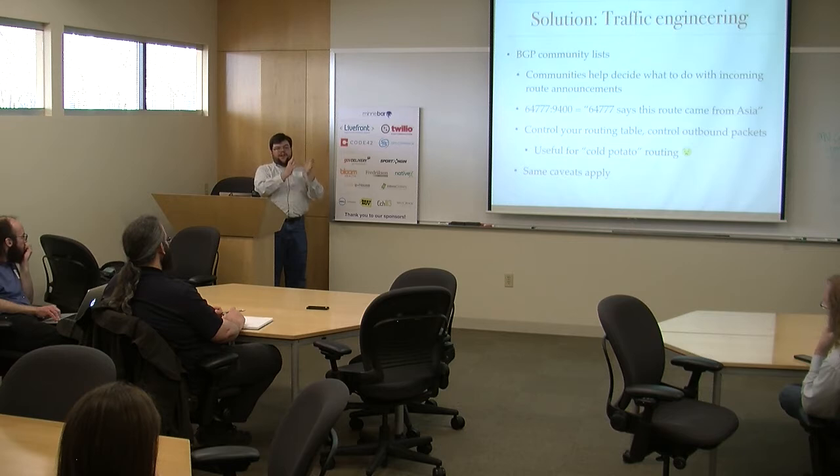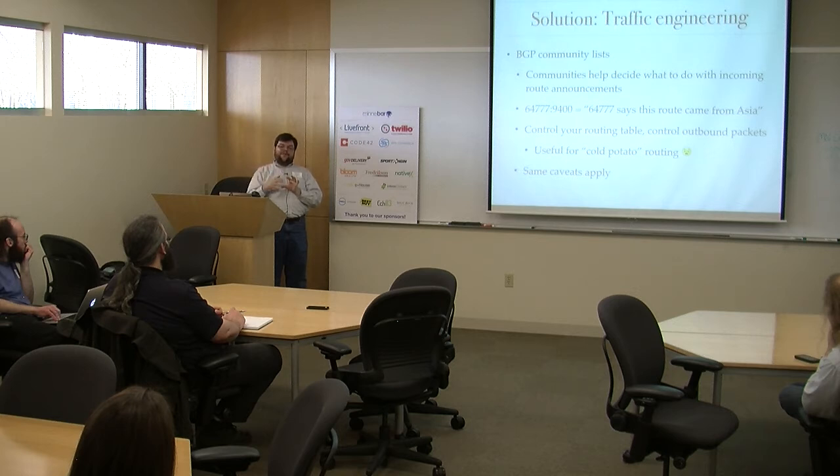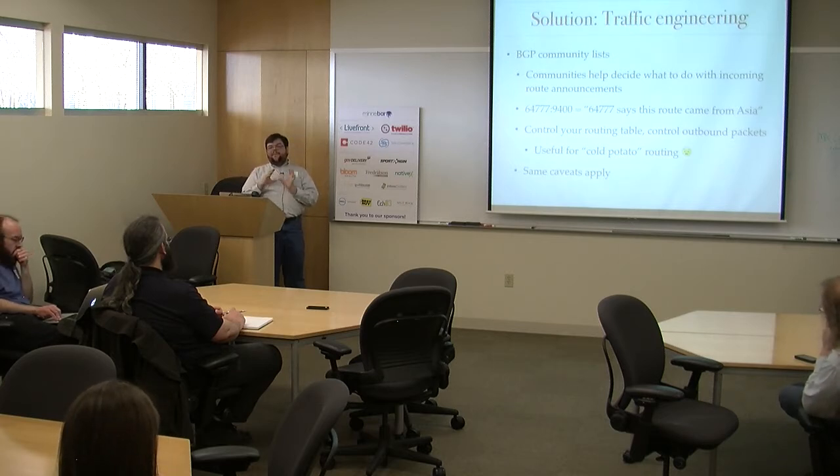You can look and say, OK, I am not even going to bother sending them my route, telling them that I'm a good way to get to this network, because I know that they will be bringing me traffic from the wrong place. For outgoing traffic, you're in the other position. You can look at the data that they're sending you and say, OK, I see where this route came from. I know what I need to do. I know how to best route this packet to avoid going to the wrong continent.